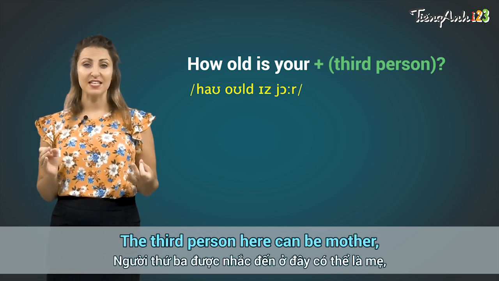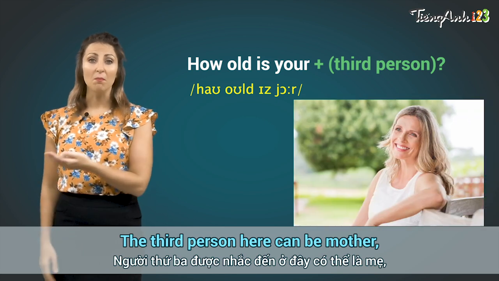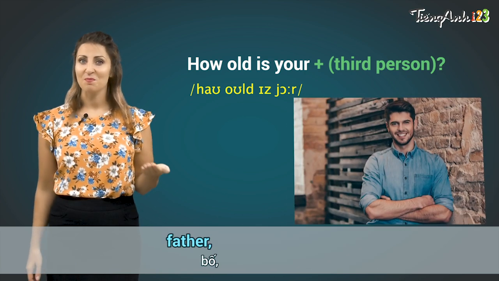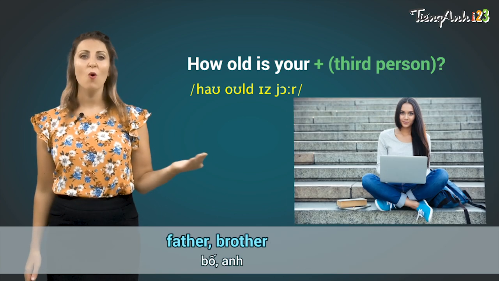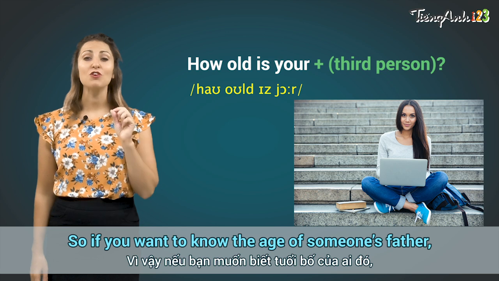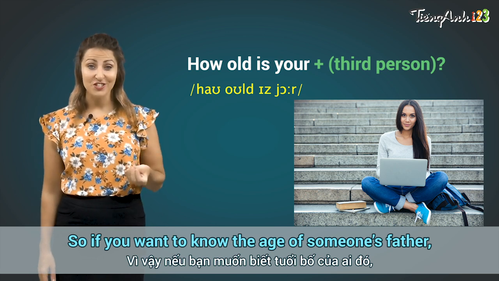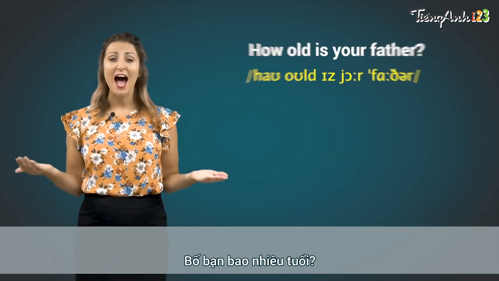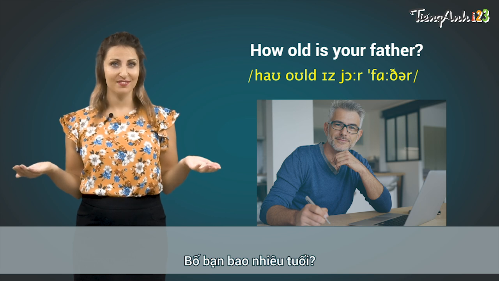The third person here can be mother, father, brother, or sister. So, if you want to know the age of someone's father, you can ask, how old is your father?